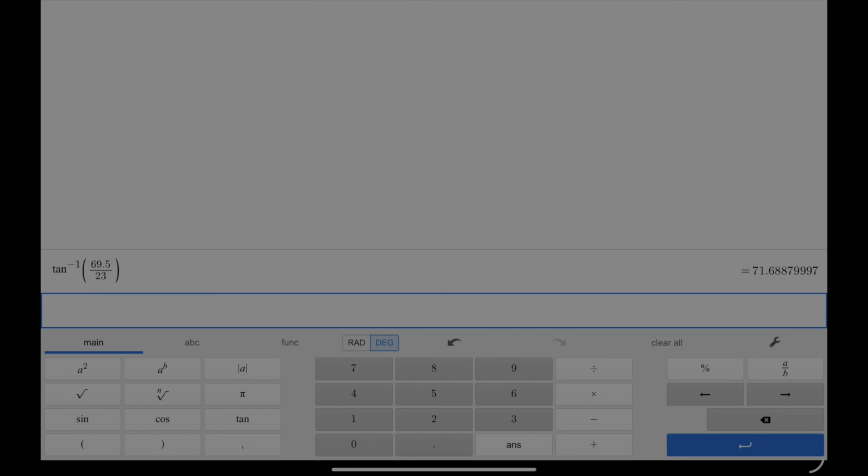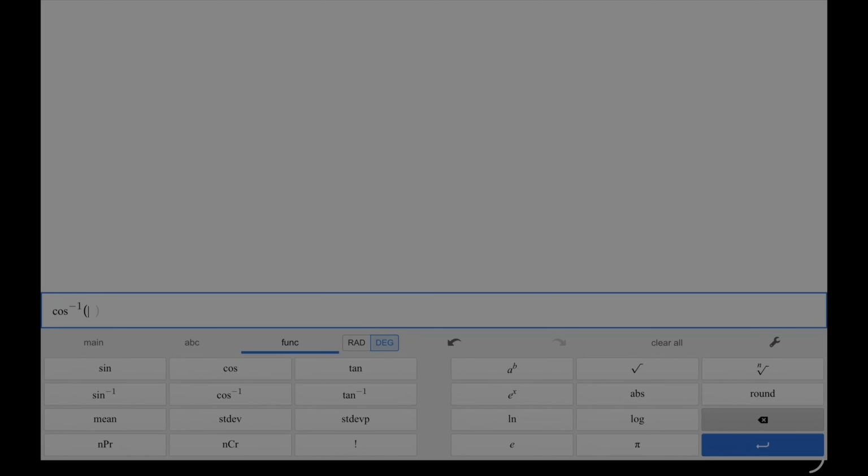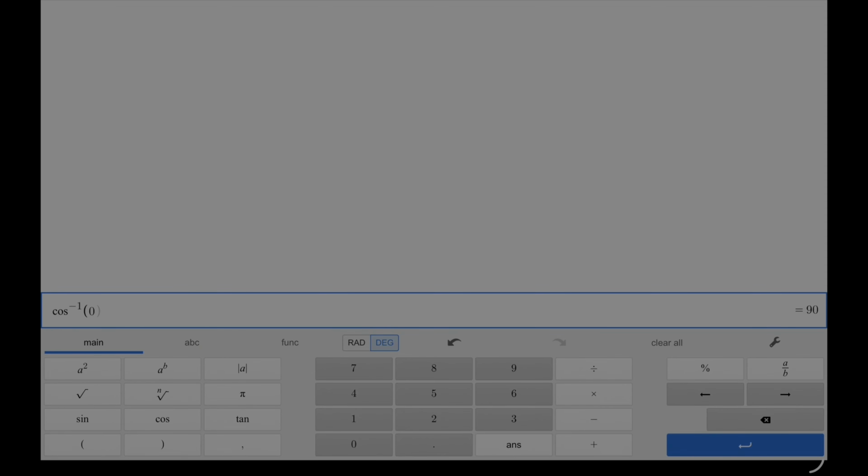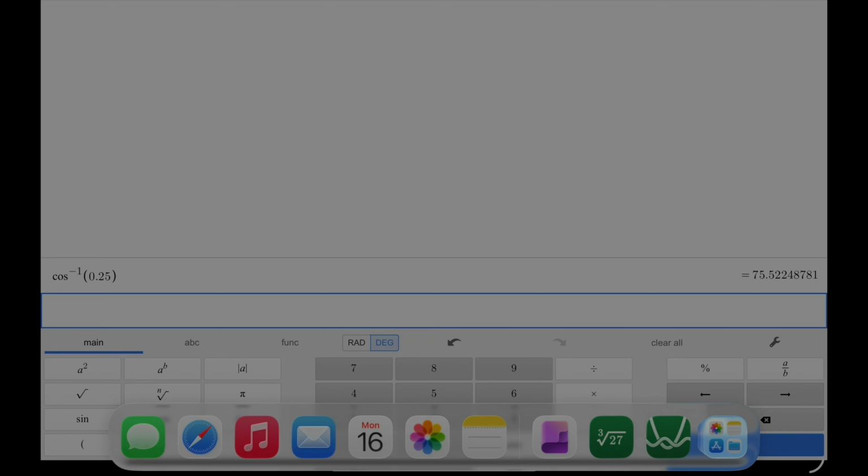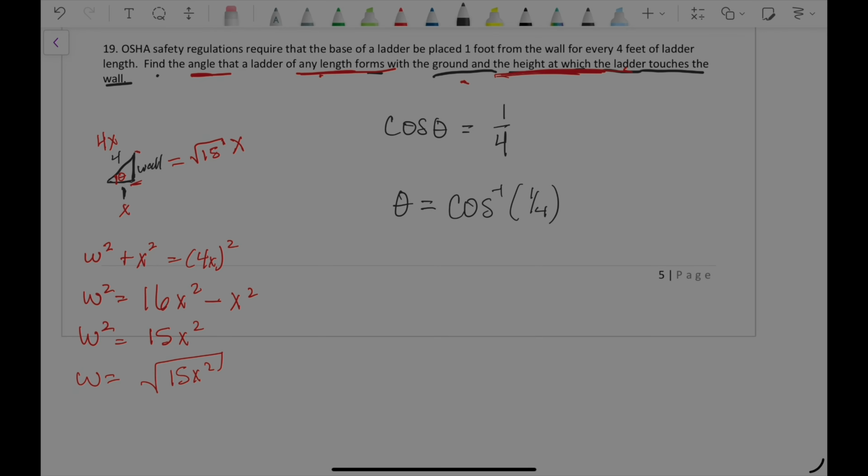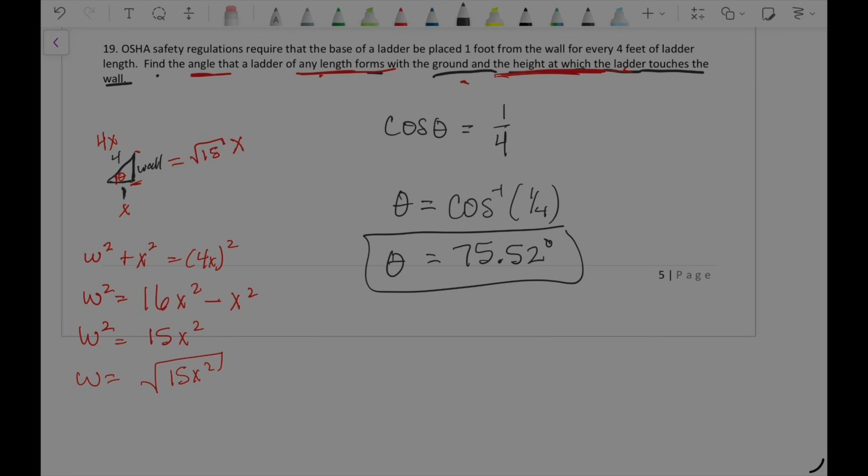I'll do this one in degrees. Inverse cosine of 1/4, 75.52. And now I'm in degrees. 75.52, and that was degrees. Make sure you label it if it's degrees. Your instructor will thank you. All right.